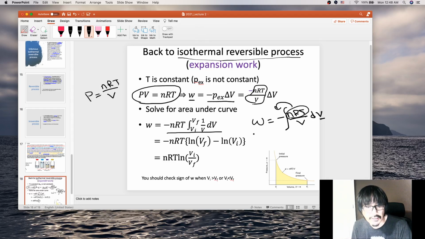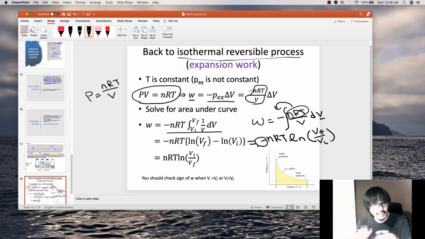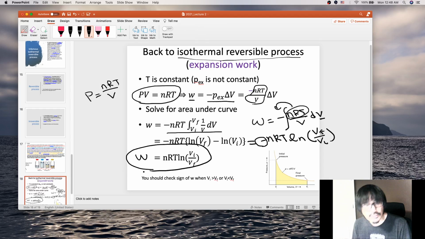So this is equal to minus nRT times ln of V_f over V_i. But because of the negative sign, always put the numerator into the denominator, so the whole thing flips. You get nRT ln of V_i over V_f. So work is equal to this for the isothermal reversible process.